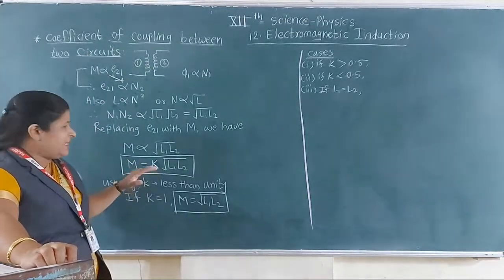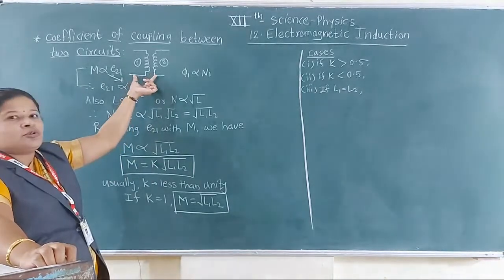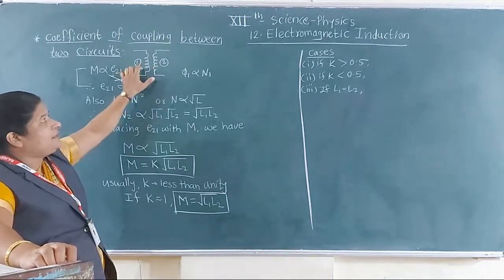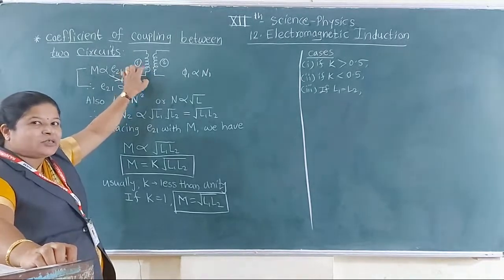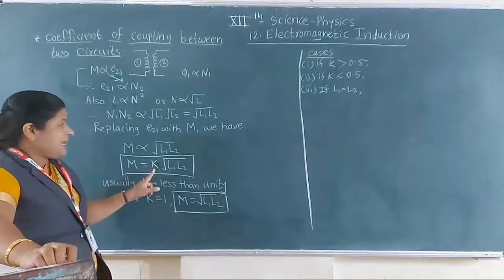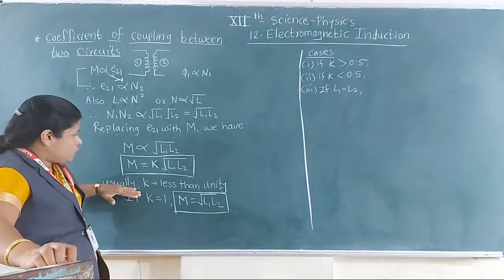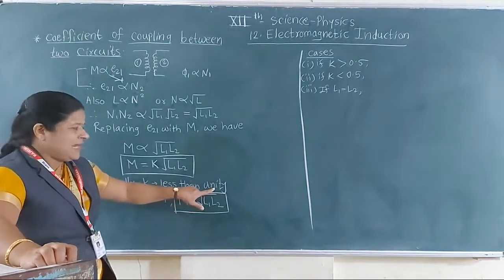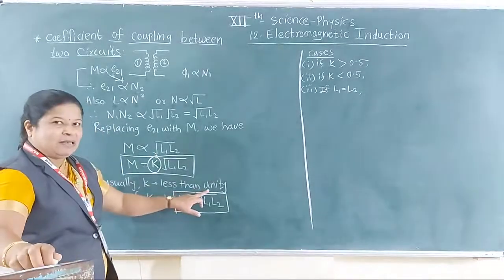That means the coupling relation, the interrelation between these two coils or these two circuits. Usually this K has a value less than 1, or less than unity.